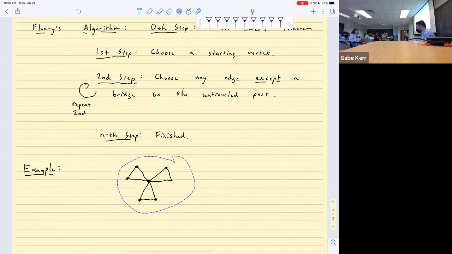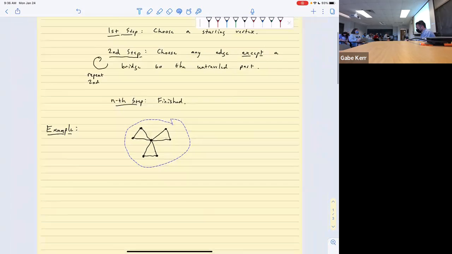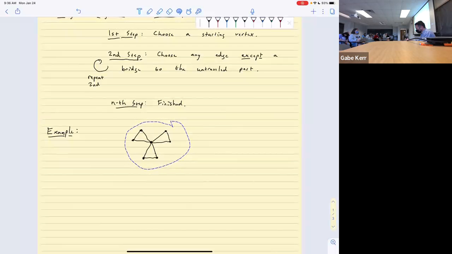Okay, now we need to just choose a vertex to start at. So tell me, does it matter where I choose the vertex to start at? Okay, not necessarily.